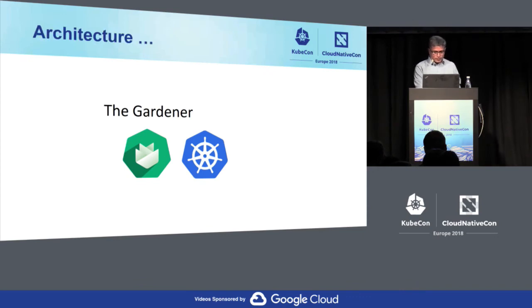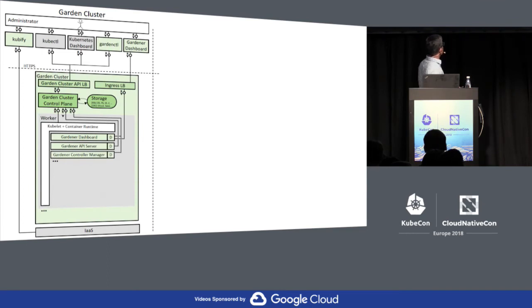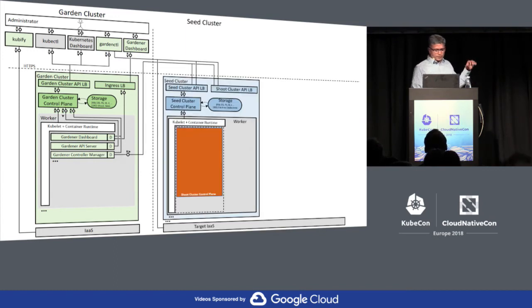All right, so that was the demo. And as far as architecture is concerned, as I was mentioning, there is the concept of using Kubernetes itself to manage the control planes of your actual clusters that are running the workload. So this first cluster that we spin off is the garden cluster, which is kind of the central cluster, from which you would then access the different target infrastructure as a service options.